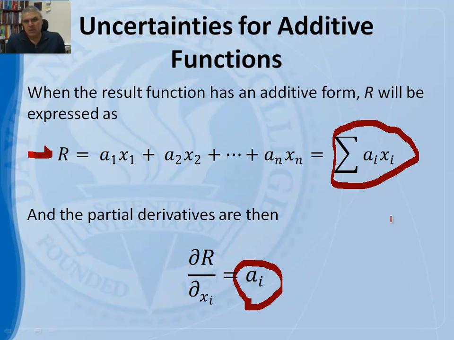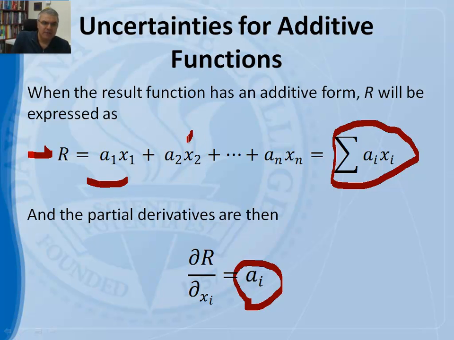Okay, so what if the function is not a product, but it is an additive function? In that case, what do we do? That makes our job a whole lot easier, because now when we take the partial derivative each time, for example, if we take it with respect to x1, all other variables are constant numbers.